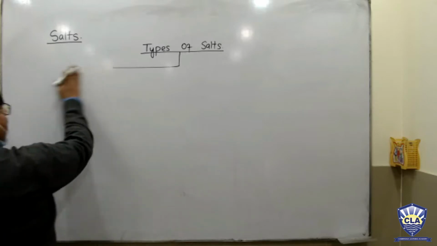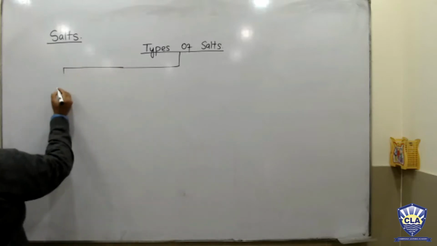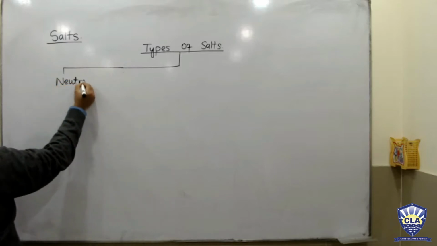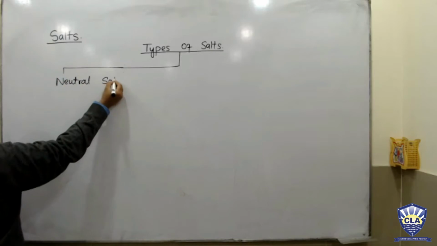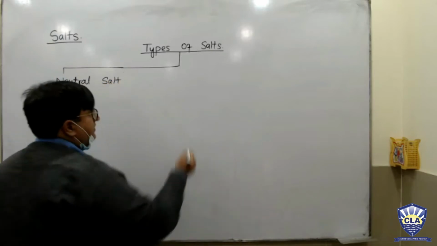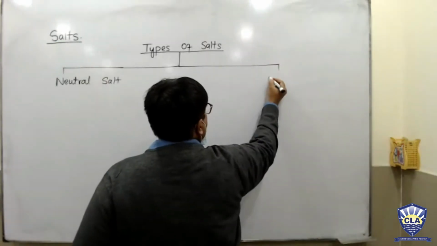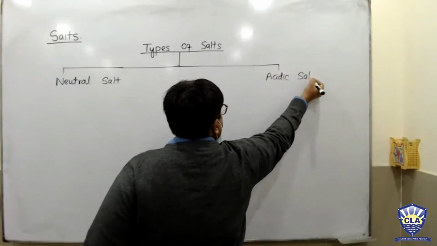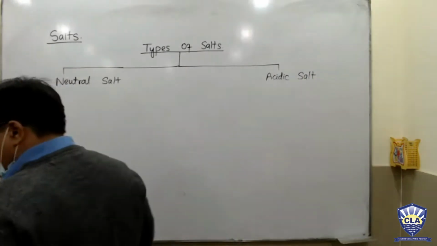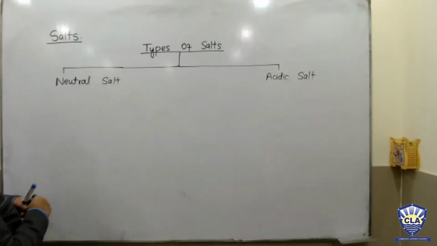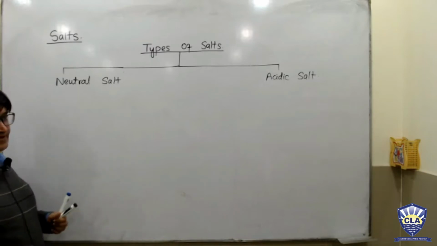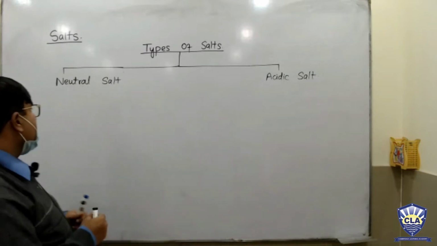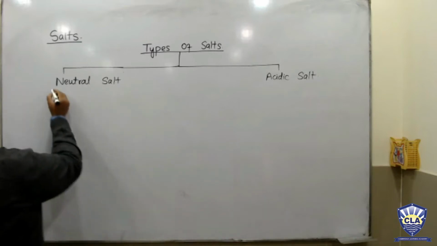The first one is called the neutral salt. And the second one is called the acidic salt. So these are the two types of salts, the neutral salt and the acidic salt. So what are the neutral and what are the acidic salts?